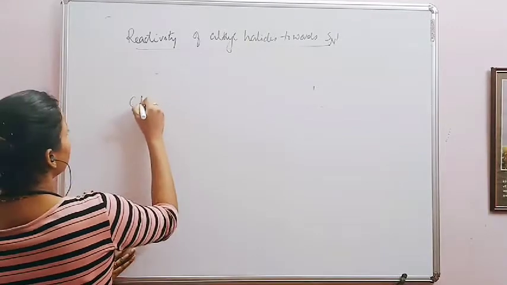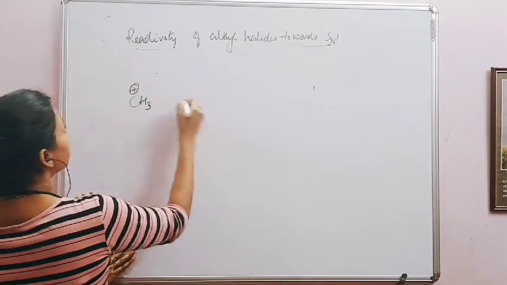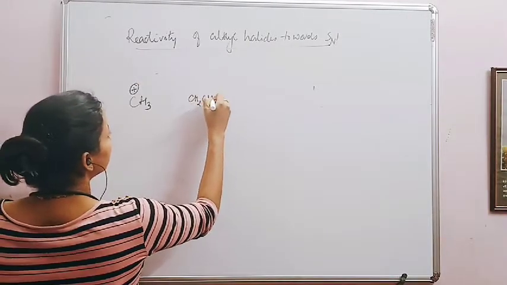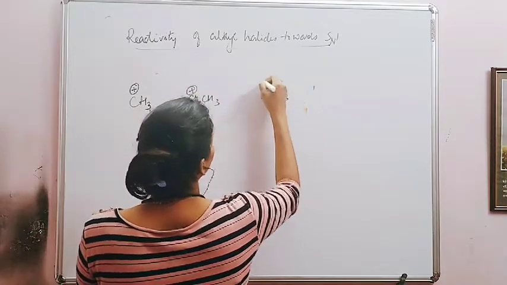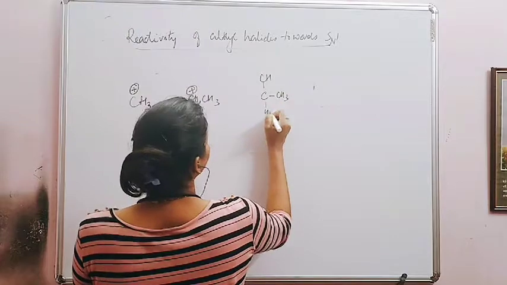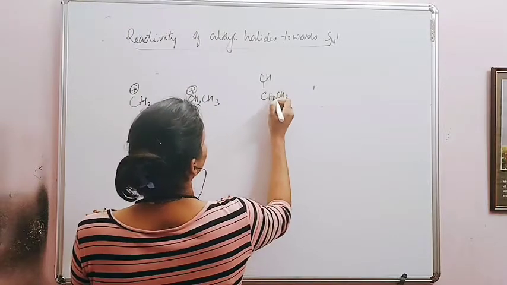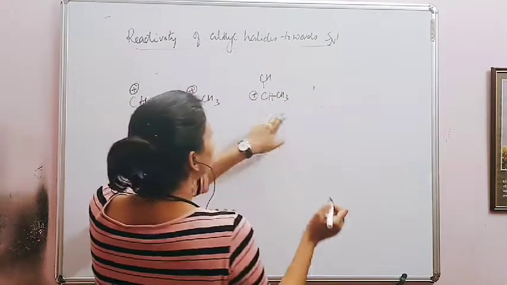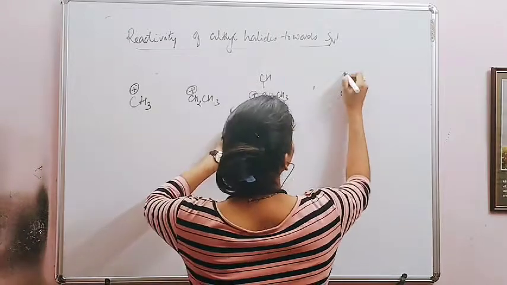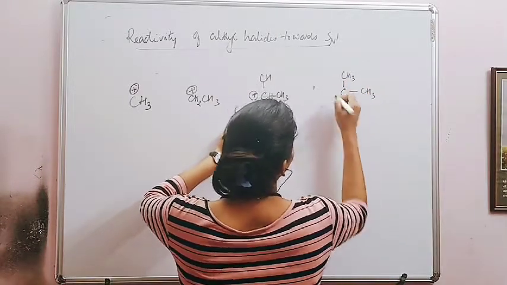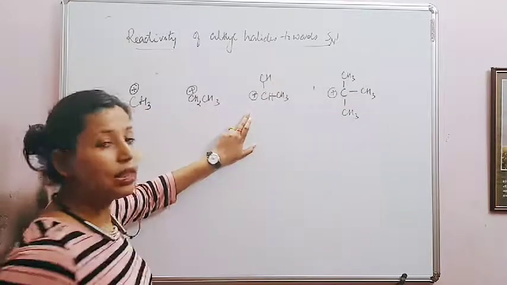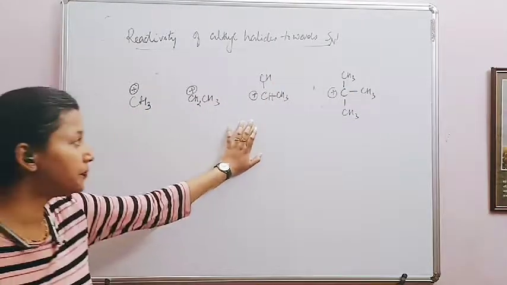So I'll start with methyl carbocation, CH3 plus, then ethyl carbocation, CH3CH2 plus. Then we have isopropyl carbocation and tertiary butyl carbocation. Done?